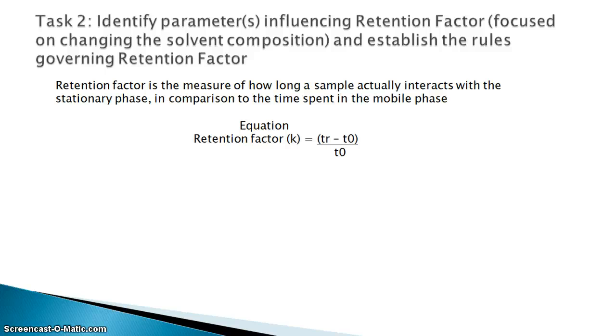For the second learning objective, we had to identify parameters which influence retention factor and establish the rules governing the retention factor. So basically, the retention factor is the measure of how long a sample actually interacts with the stationary phase in comparison to the time spent in the mobile phase.